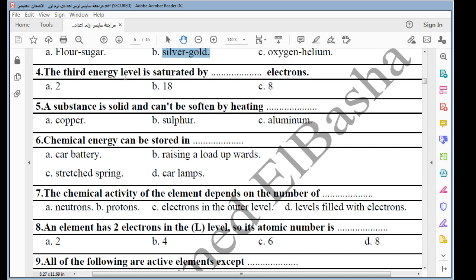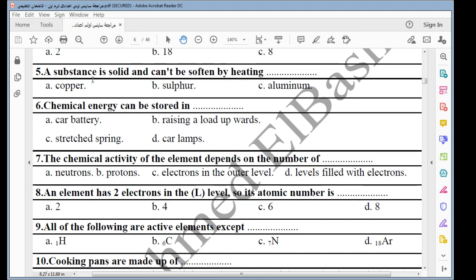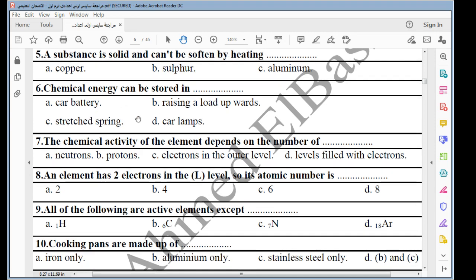The third energy level is saturated by how many electrons? Of course, 18 electrons. Number 5. A substance is solid and cannot be softened by heating. Of course, sulfur. Okay. 6, chemical energy can be stored in.